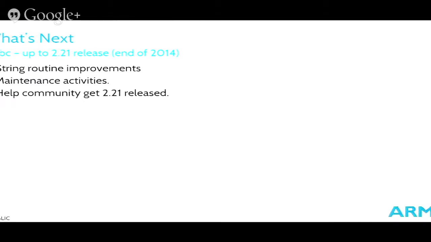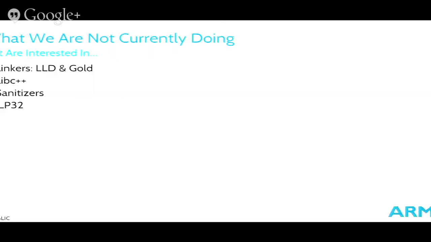That's cool. So we're also doing string routine improvements, mostly focused on ARC64. So when we say string routines, we include mem routines in that. Maintenance activities and working with the communities to get 2.21 released. As I said before, here's some list of things that ARM's not currently doing, but we're interested in seeing done.